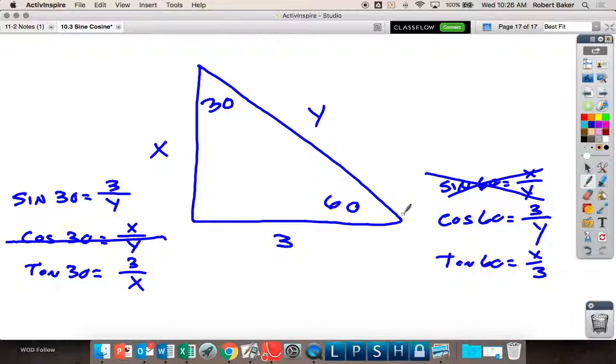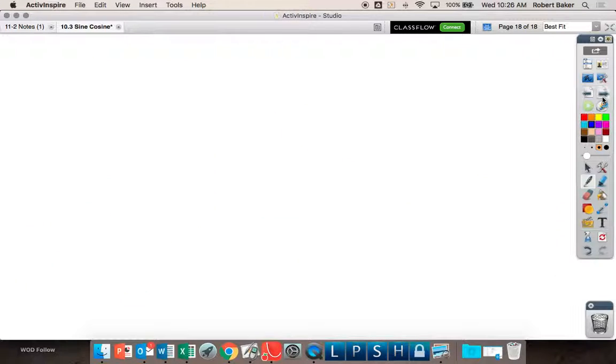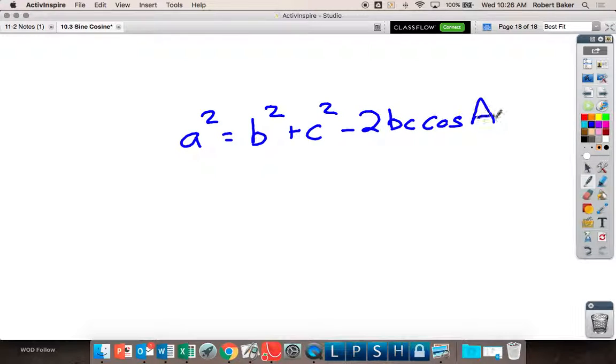You want to see what that looks like? Sure. Here's what it looks like. So that is the law of cosines.